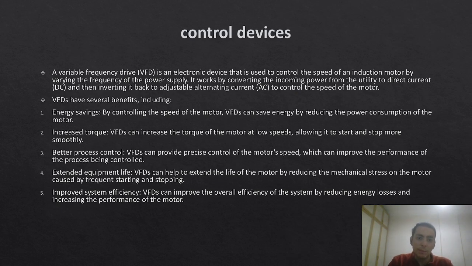Control devices. A variable frequency drive is an electronic device that is used to control the speed of an induction motor by varying the frequency of the power supply. It works by converting incoming power from the utility, changing AC current into direct current, and then inverting it back to adjustable alternating current to control the speed of the motor.